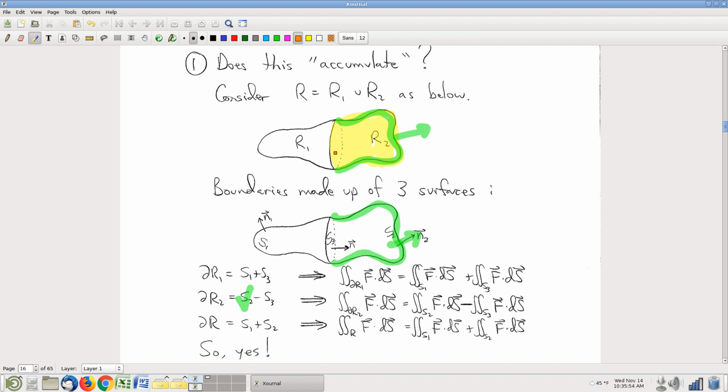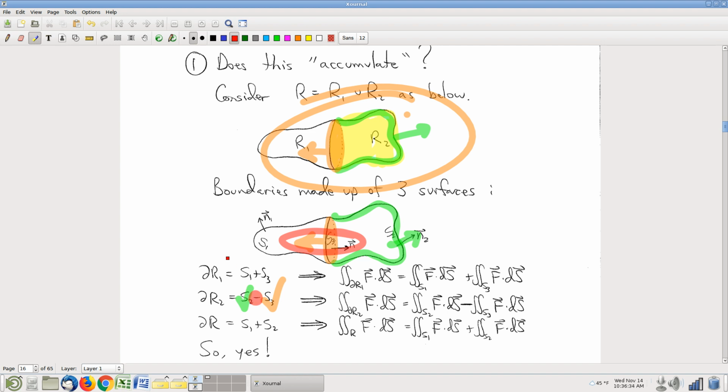The other piece of the boundary of R2 is that. Now, outward from R2, again, the word boundary means outward, right? So when we talk about the boundary of R2, we don't get S3, right? S3 is oriented in the way that little n vector is pointing. We've got S3, but oriented the other way. So we get the opposite, and because of this issue with the orientation vectors, it's negative S3.